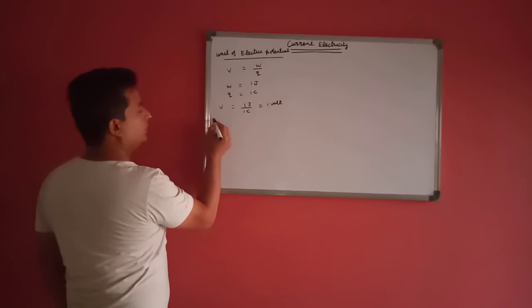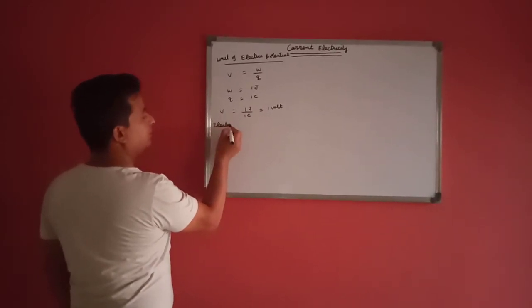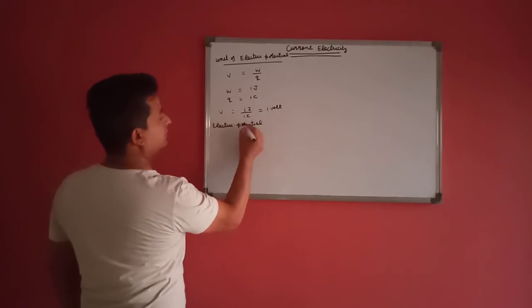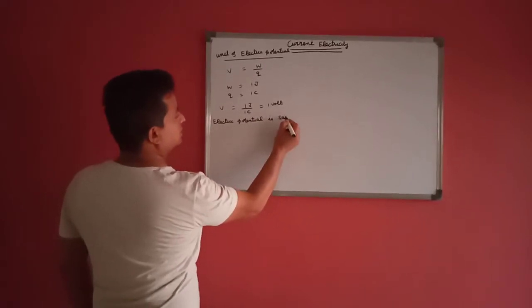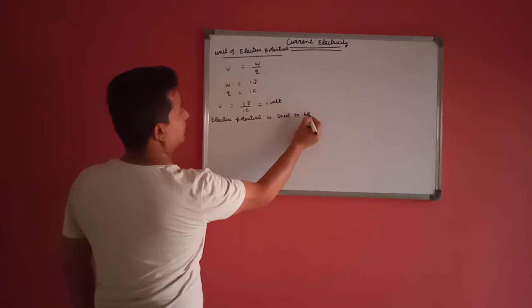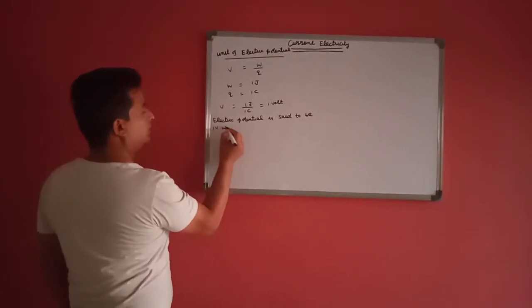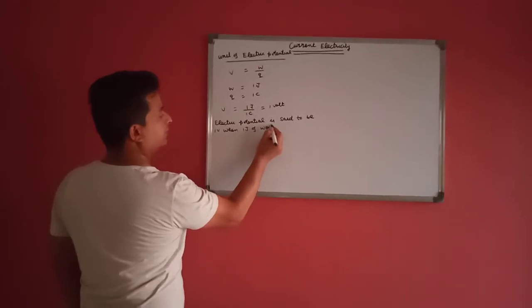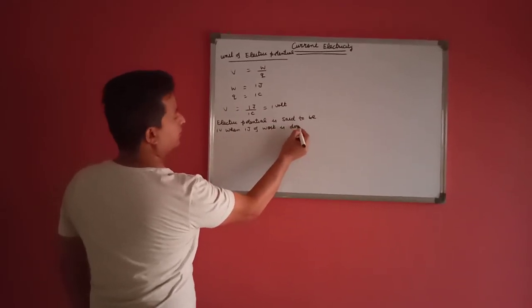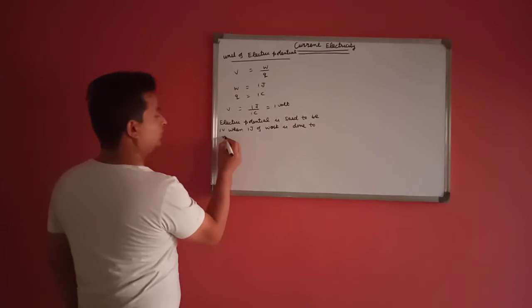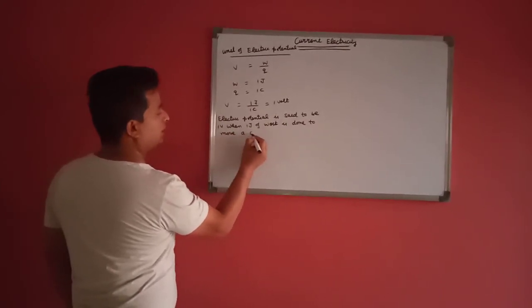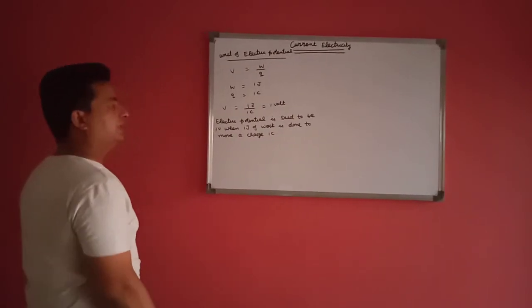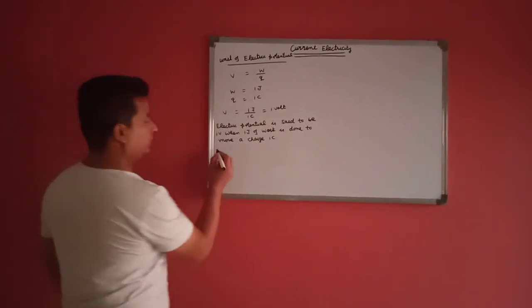So electric potential is said to be 1 volt when 1 joule of work is done to move a charge of 1 coulomb. This is the definition of 1 volt.